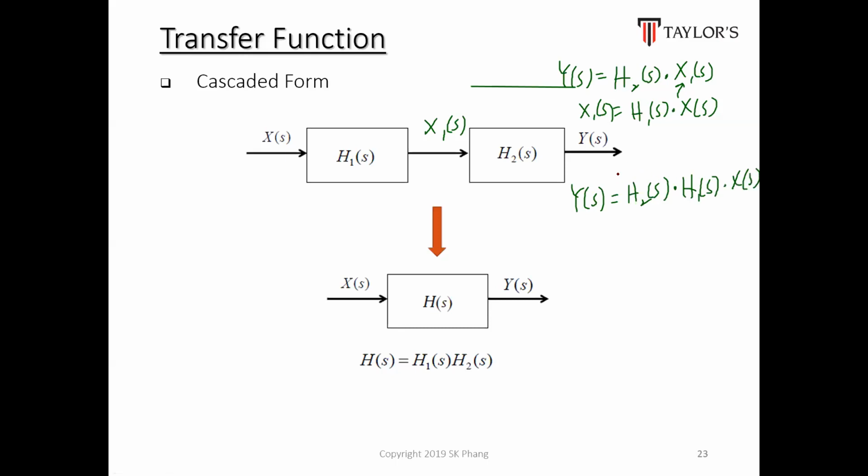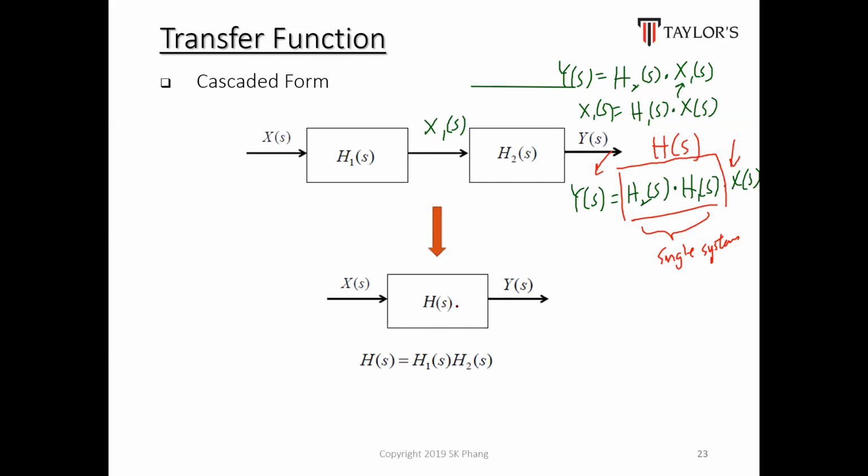But now look at this. If you look at this as a single system itself, it is still valid. This is the input, this is the output. Output equals a transfer function multiplied by the input.